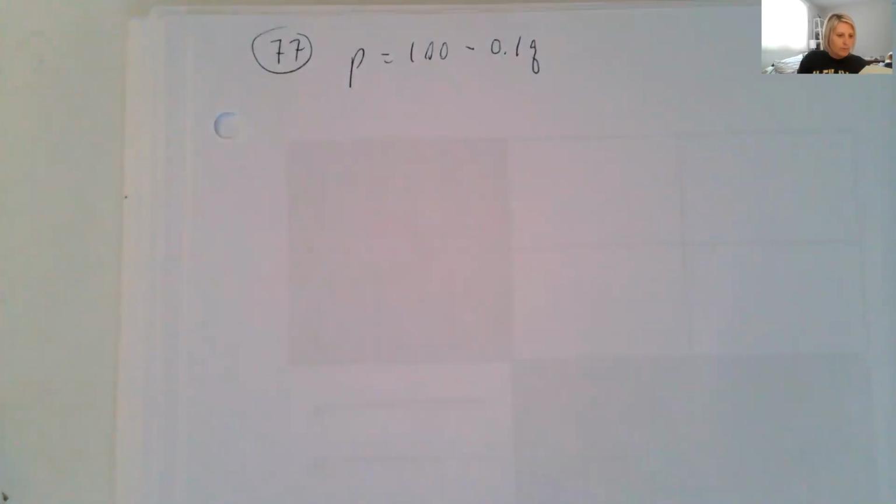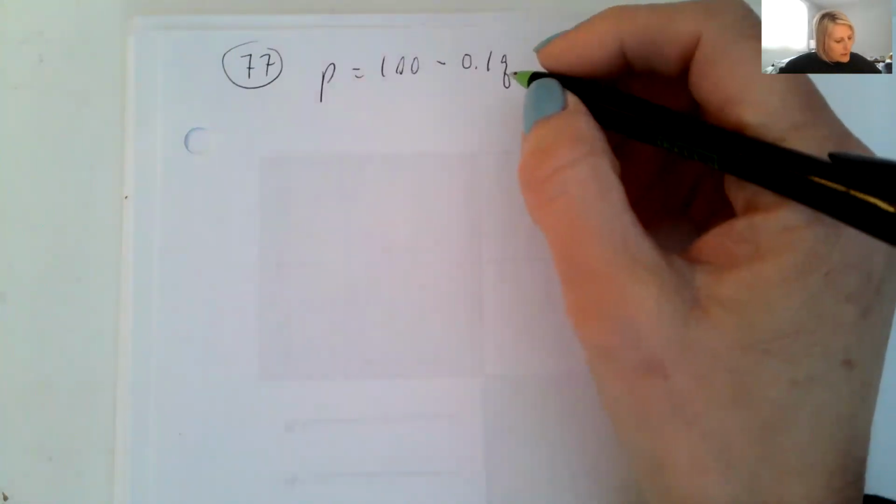So back to the equation, let's just write it out here, 77. As the quantity increases, the price goes down. Okay. So it says, however, mathematicians tend to think of the price as the input variable and the quantity as the output variable.